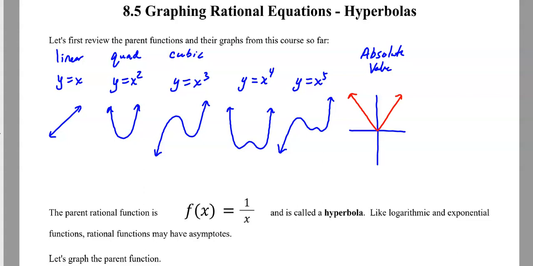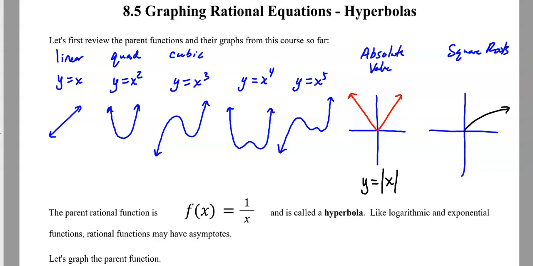So remember those would be y equals absolute value of x. We also had the square root functions, which those ones are on a grid, and they kind of took off something like that. So y equals the square root of x.